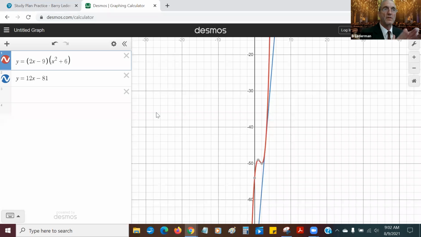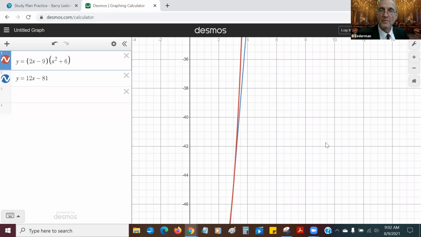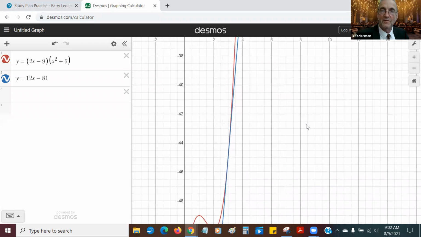What would it be when x is 3? 36 minus 81. Let me see if I can make it a little bigger. I want to kind of see. This is a tough thing to see on the graph.